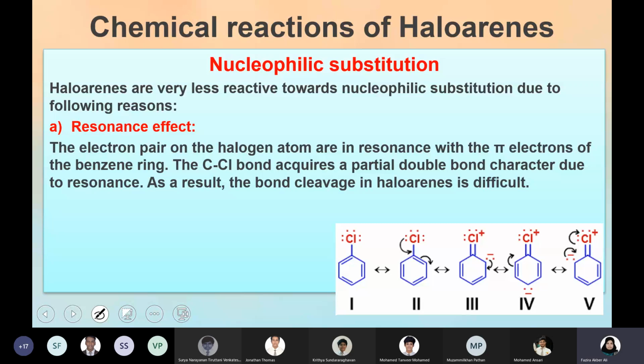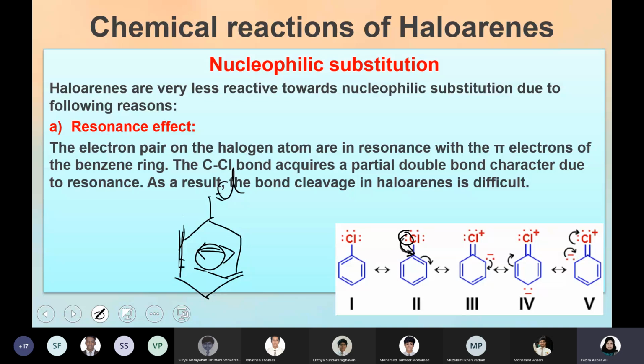Here, haloarenes mean a benzene ring with a chlorine or some halogen. Already, inside the ring the electrons are delocalized and moving throughout. On top of that, as you can see in the diagram on the right side, because chlorine has three lone pairs of electrons, those electron pairs will try to come into the ring.